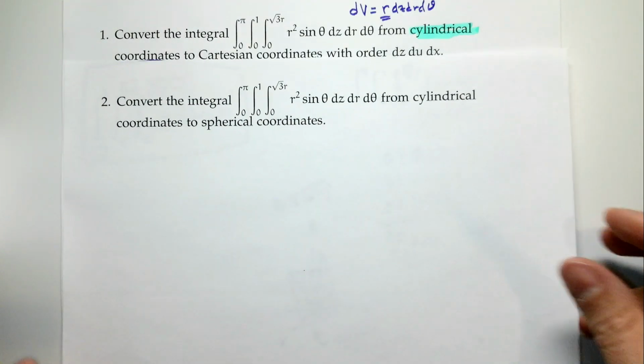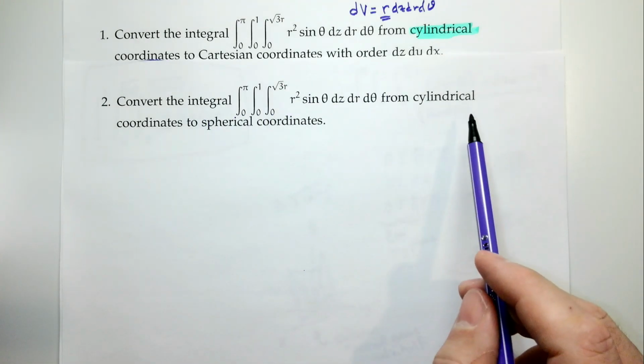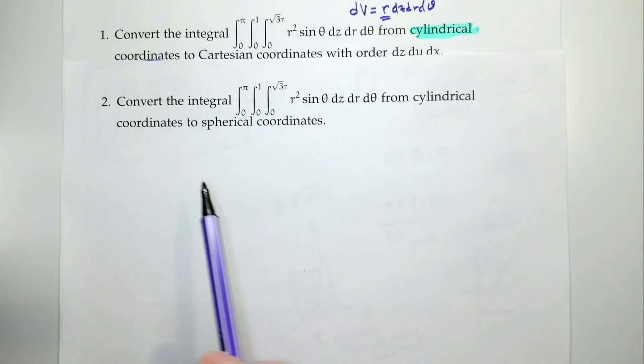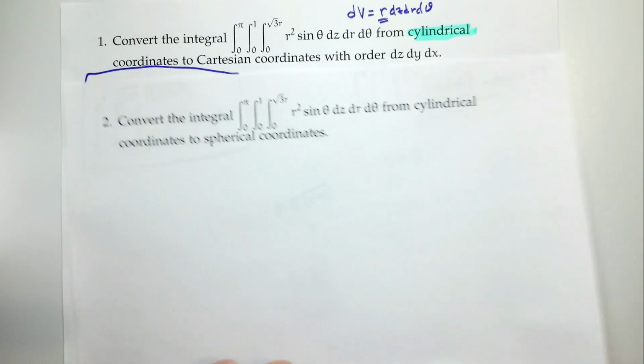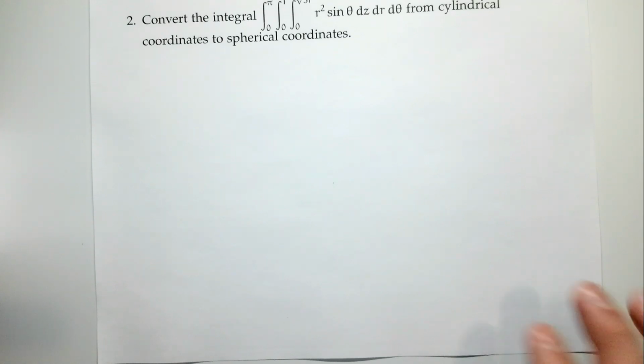Now, we're not going to take that away, because on our next problem, you might notice something. It says, convert the exact same integral from cylindrical to spherical. So let's not reinvent the wheel. I'm just going to copy bits and pieces that we have from here.